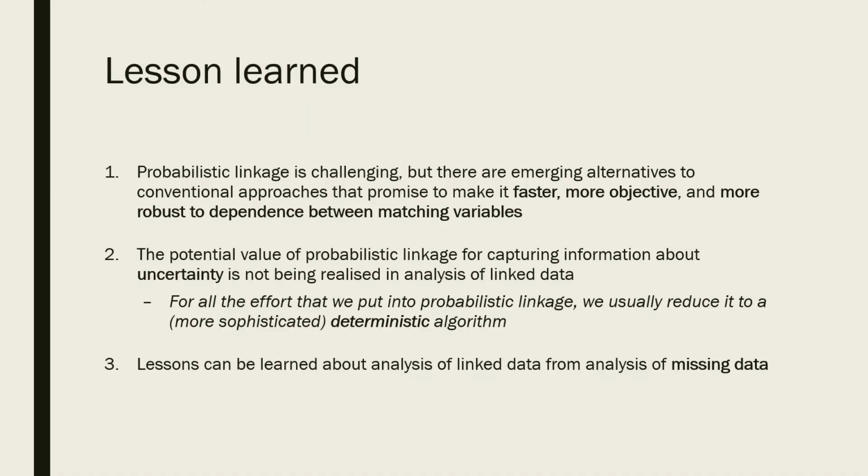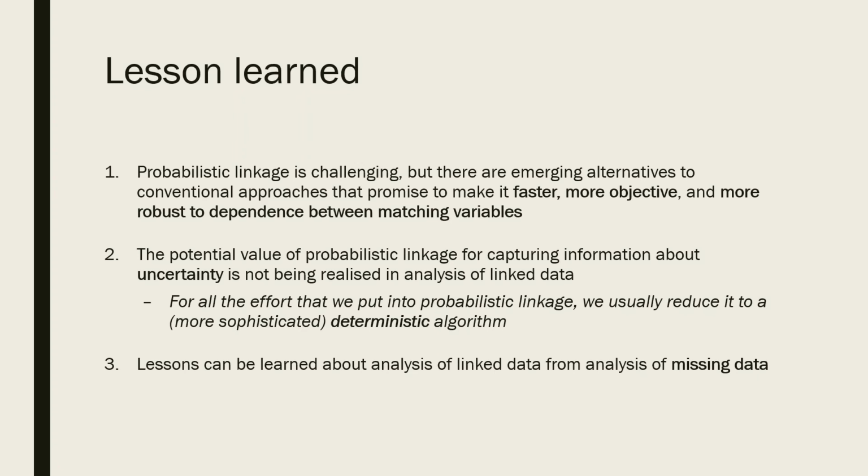As a quick summary, the probabilistic linkage step is pretty computationally challenging, but these ideas that were presented today offer some promise of simpler and potentially more objective approaches to estimating match rates or match probabilities, and particularly offer opportunities to overcome the independence assumption.